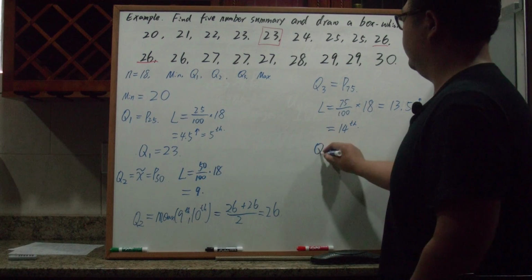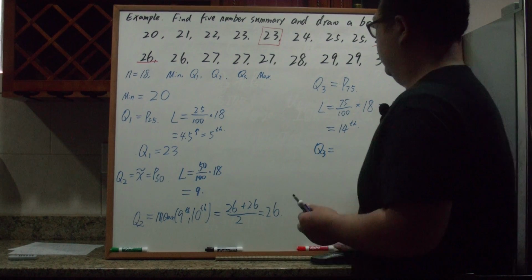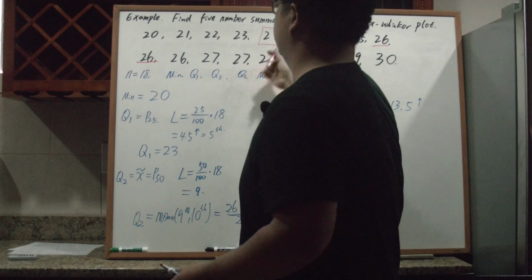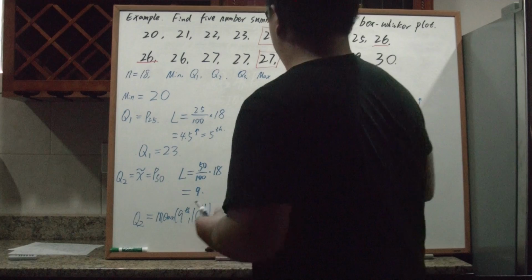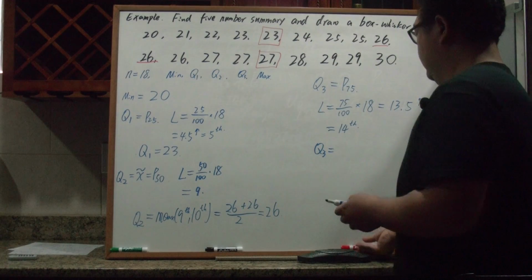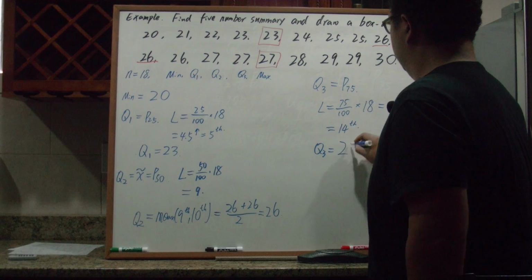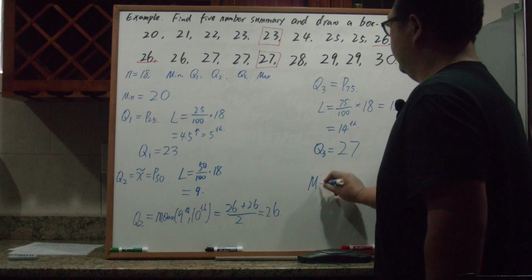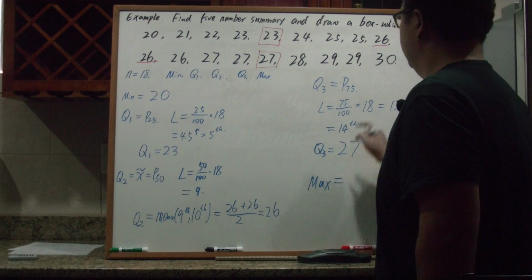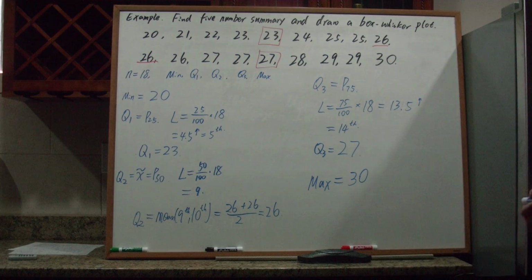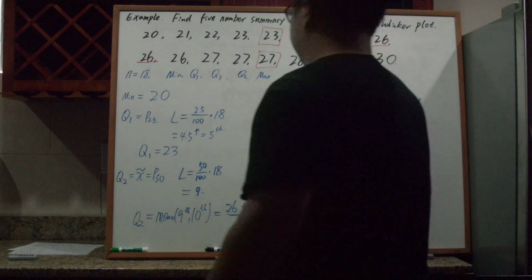Therefore, our Q3: counting 10, 11, 12, 13, 14 gives 27. And the maximum is clearly 30. That's the full step of finding the values.